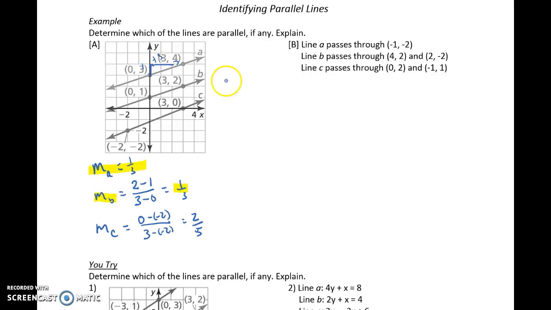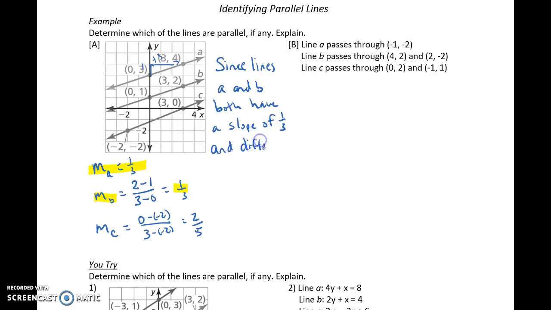So we can say, since lines A and B both have a slope of 1/3 and different y-intercepts, they are parallel, right?